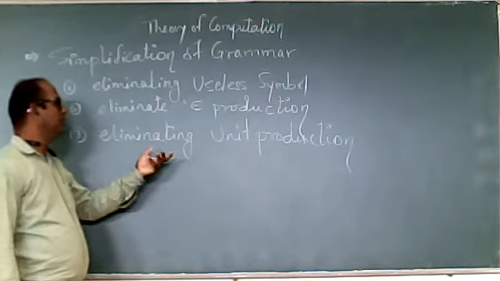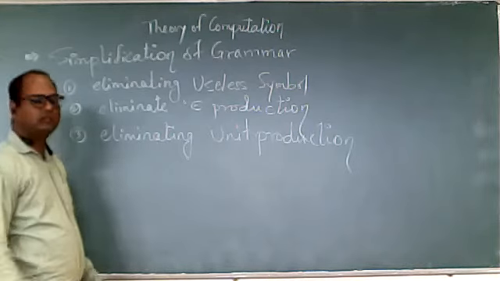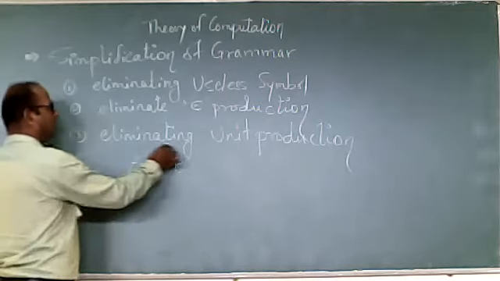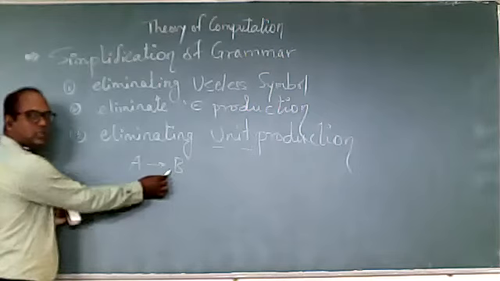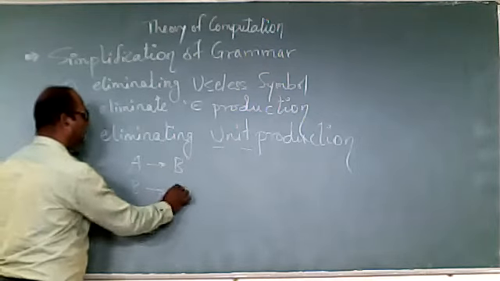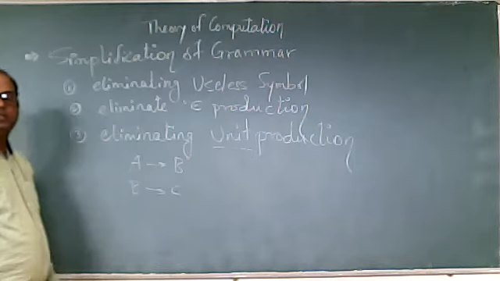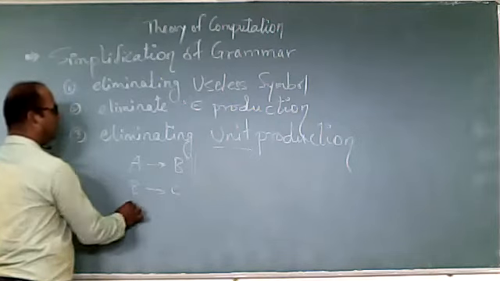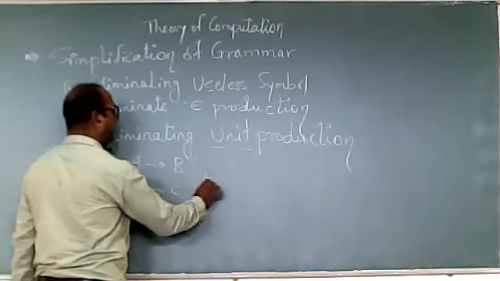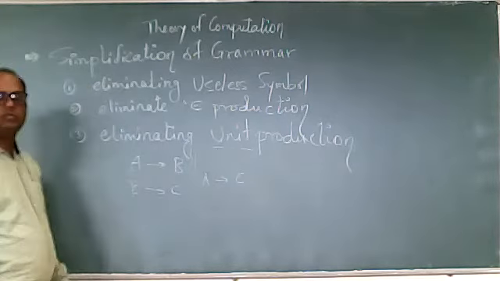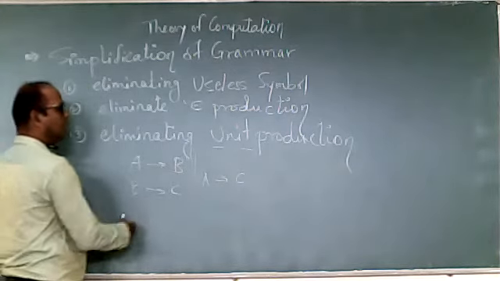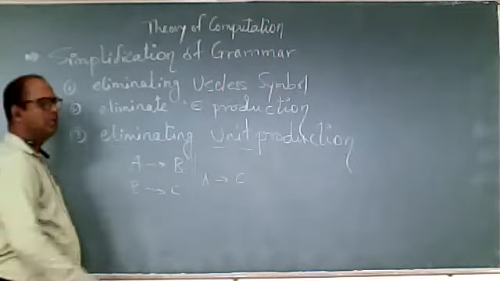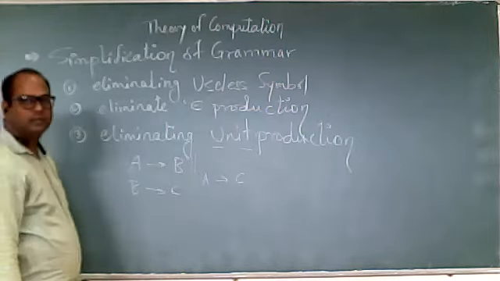And third is the elimination of unit productions. What is a unit production? If A produces B and B produces C, these two are called unit productions. So I can write it like this: A produces B, B produces C. The simplified form is A produces C. Previously there were two productions, now I have a single production.